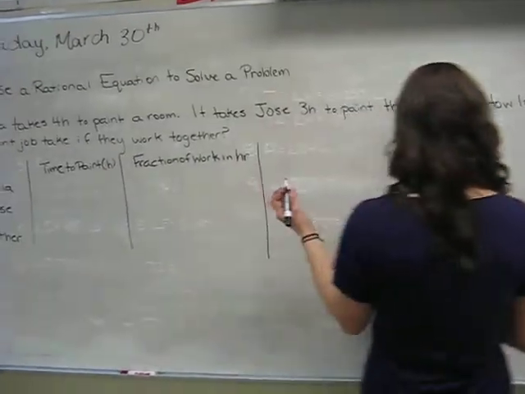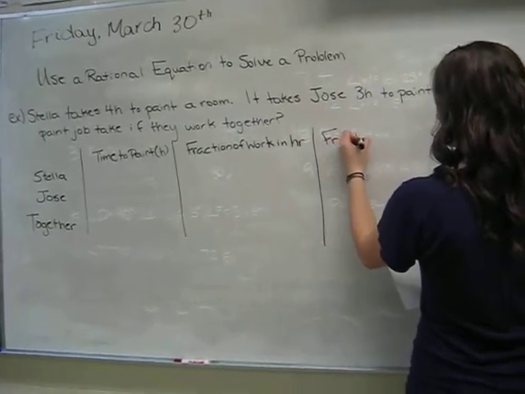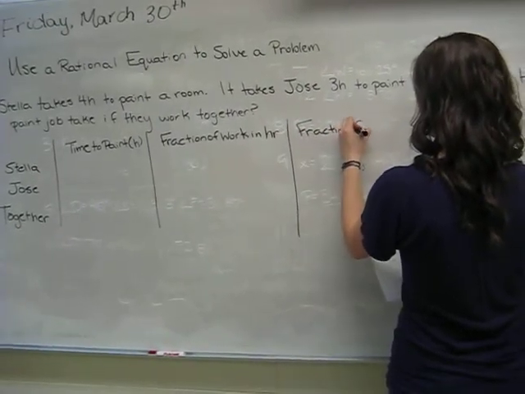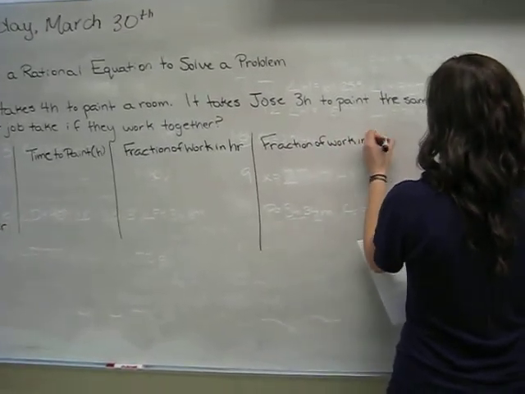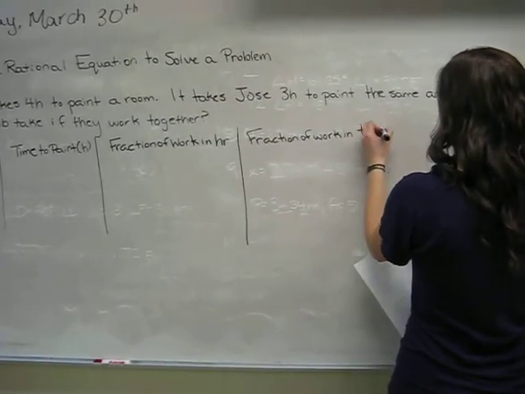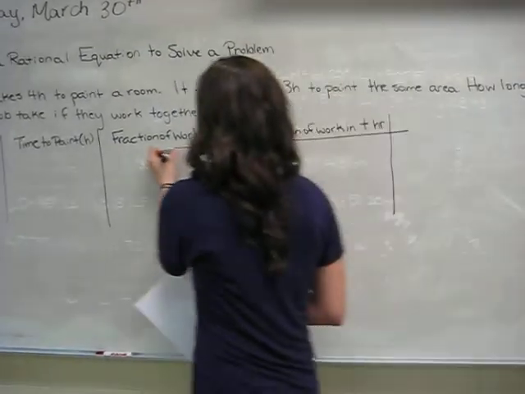And finally, we want the fraction of work in T hours. And we'll let T equal a variable, in this case, how long it'll take them to do it together.